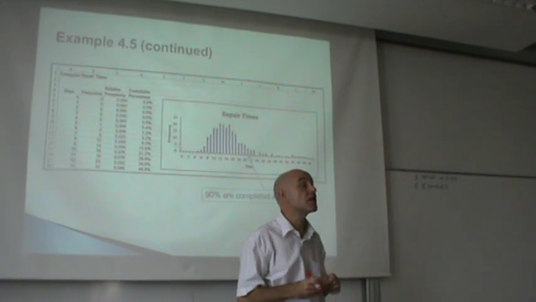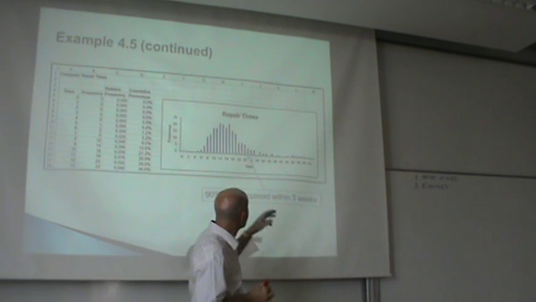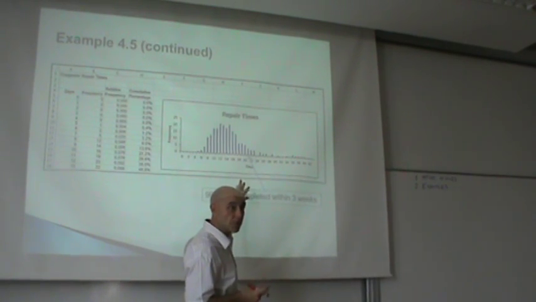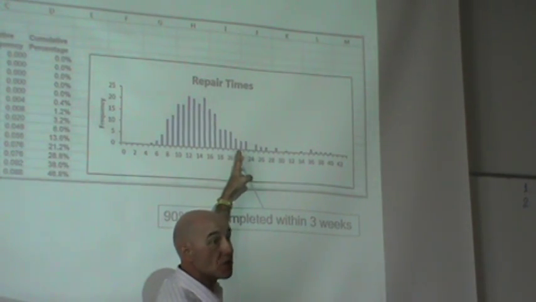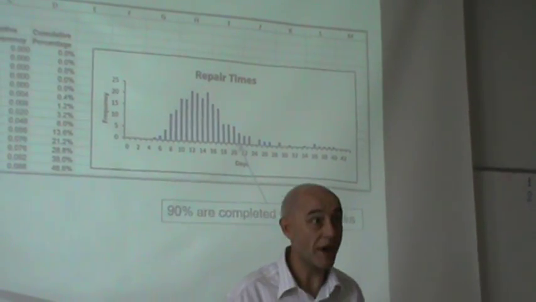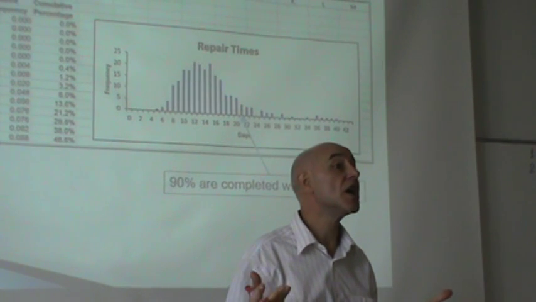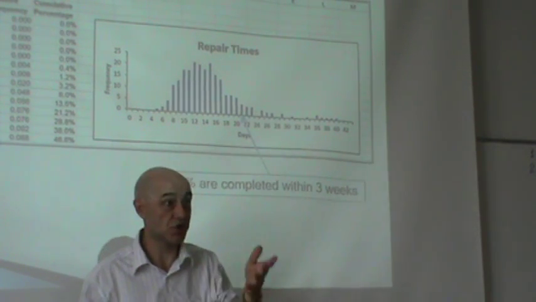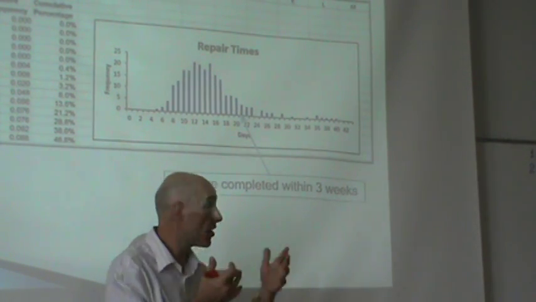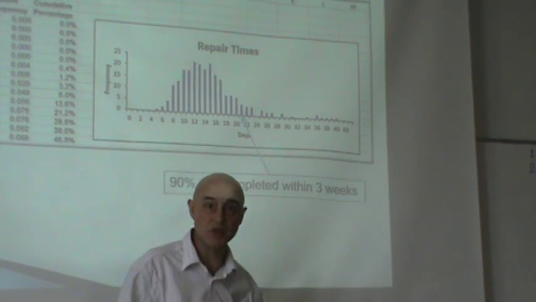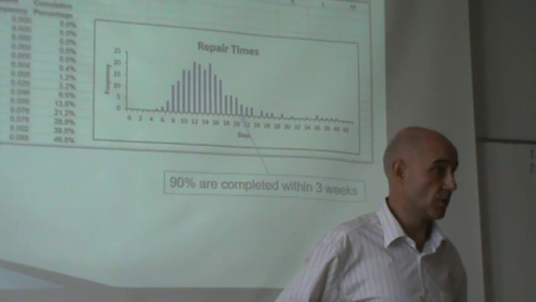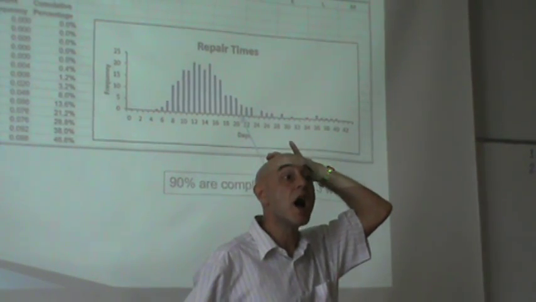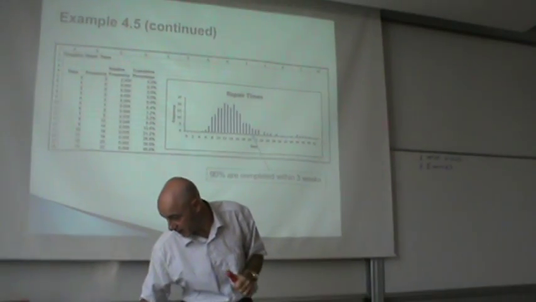So percentiles are very helpful to tell you what percentage of the people are done below a certain time, or have below a certain income, or below a certain GPA, whatever the measure of interest is. Below a certain weight, okay, below a certain height.